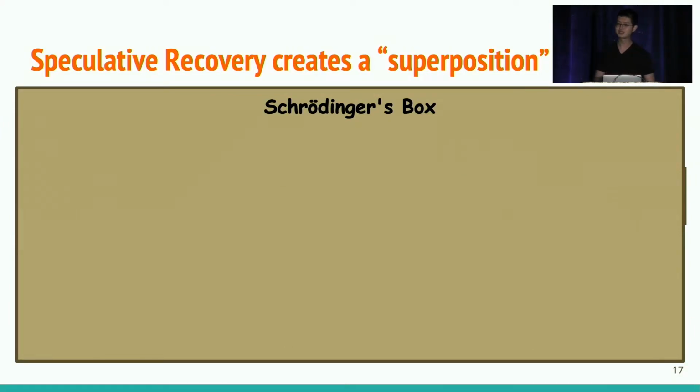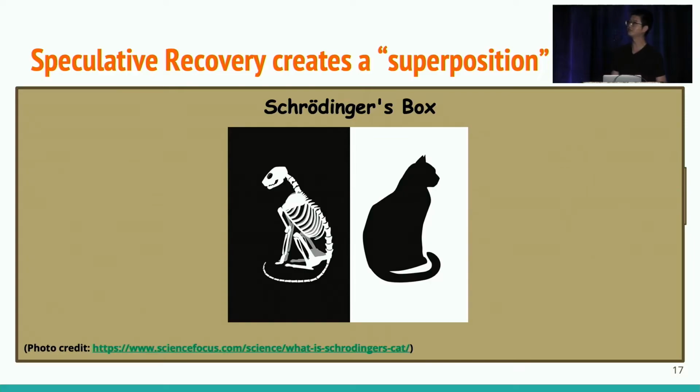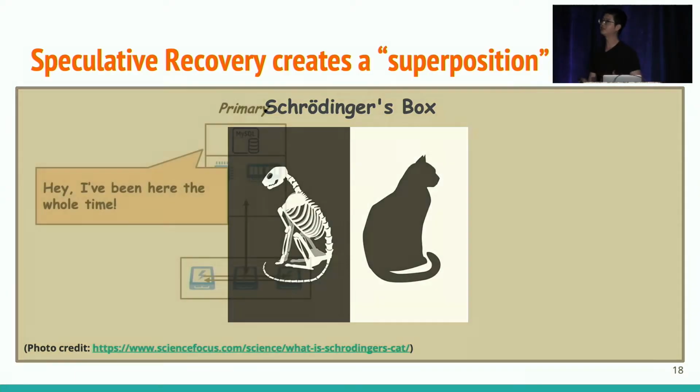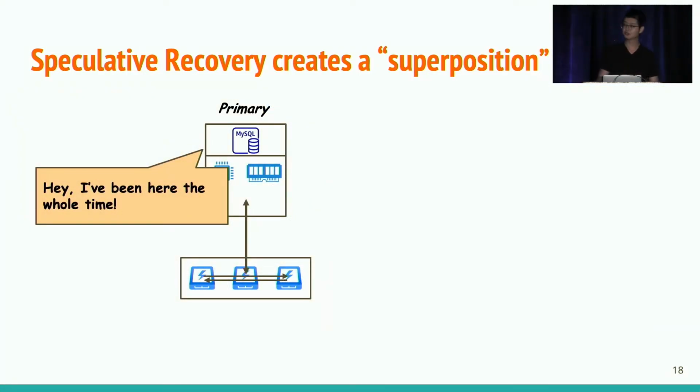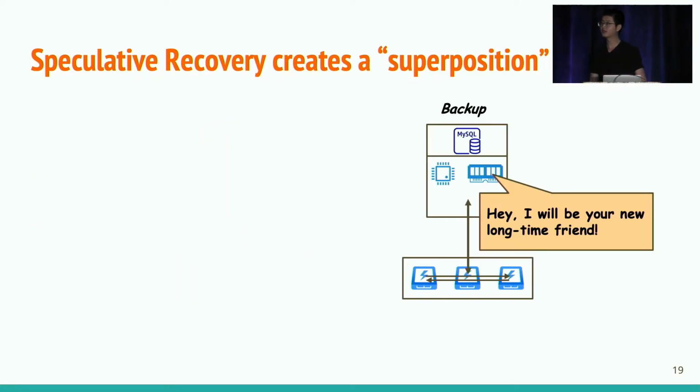And inside this box, very similar to a cat being both alive and dead at the same time, in our scenario, it's both the primary instance and the backup instance being alive at the same time. And when the box is opened, it is going to be either the primary has been there the whole time, there was no backup at all, or the backup has already taken over right when the primary stopped responding.